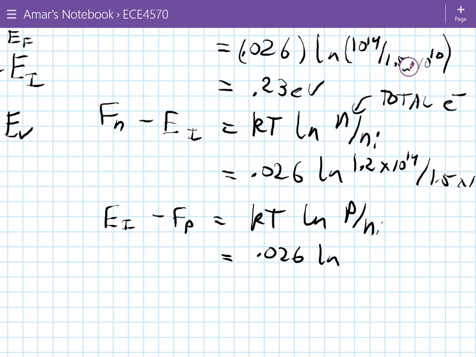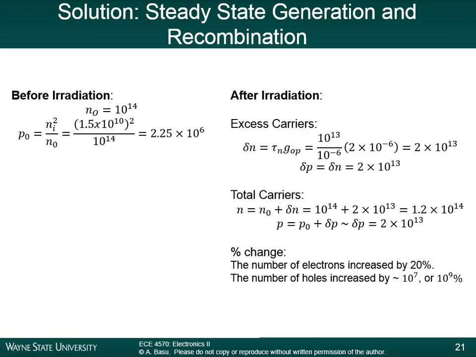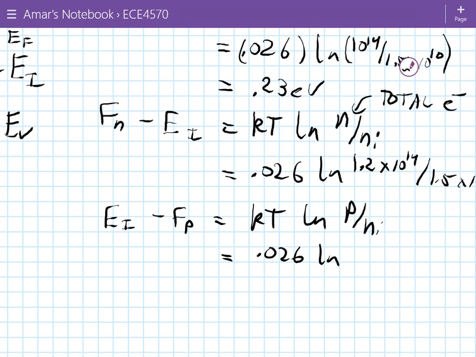We look at our hole concentration that we found in the previous problem. The total hole concentration, p, is about 2 times 10 to the 13th, divided by 1.5 times 10 to the power of 10. 0.187. Thank you. 0.187 electron volts.